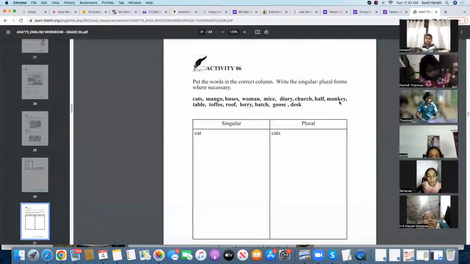Next is monkey. Sehansa, is it singular or plural? Singular. Yes, thank you. Yes, singular. What would the plural version of monkey be? Sorry, repeat that.